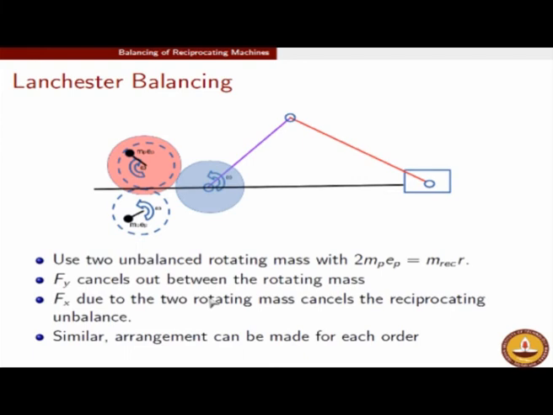However, you will rarely see an engine where Lanchester balancing is done. That is mainly because you will not have enough space in your automotive engine compartment to put these two big discs, or other discs also. So sometimes, dictated by space constraints, this Lanchester balancing will not be done, but I wanted to show you at least an academic example where you could completely kill all the unbalanced forces if you want.